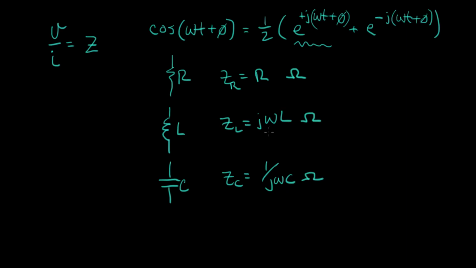So in the rest of this video, I want to qualitatively look at the value of these impedances and specifically look at what happens when there's a range of values of the omega term. What happens at zero frequency and low frequency and high frequency and infinite frequency. So let's go ahead and do that.